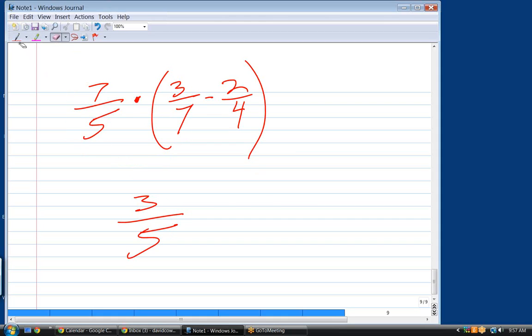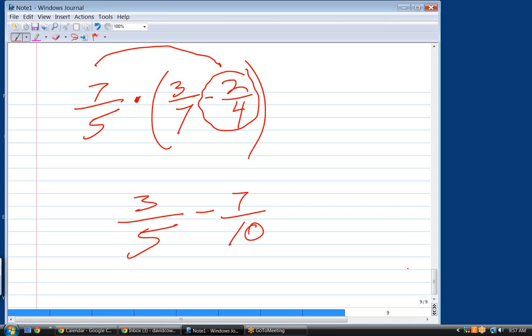And then when I multiply that times that, what do I get? I get minus 14/20. Well, 14/20 is 7/10. Let's write it as 7/10. Now, notice the problem is easy. I don't have to deal with any numbers bigger than 10.